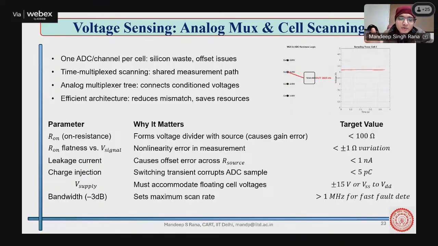So we do not like to have many inputs through one ADC, like 12 or 20 or 50 or 100, but 8 is a decent number. That's what is being used in the industry.